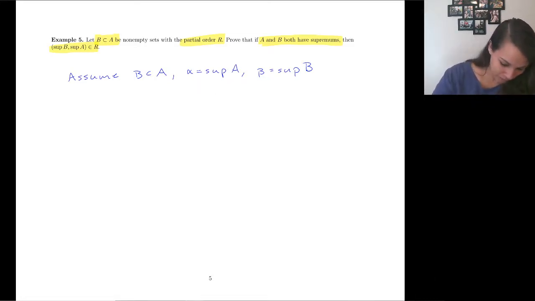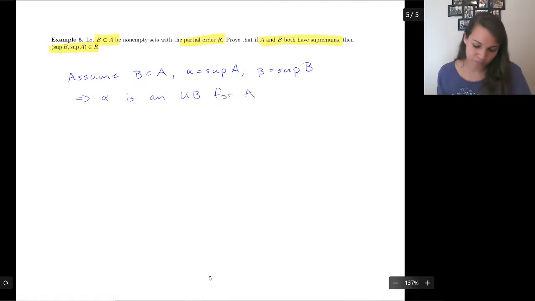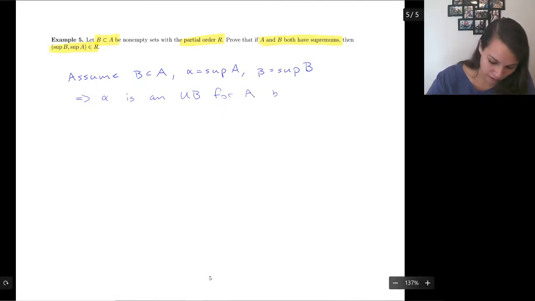So we've got alpha is the supremum of A, which means that alpha is an upper bound for A. That is the definition, not of upper bound, that is the definition of supremum.